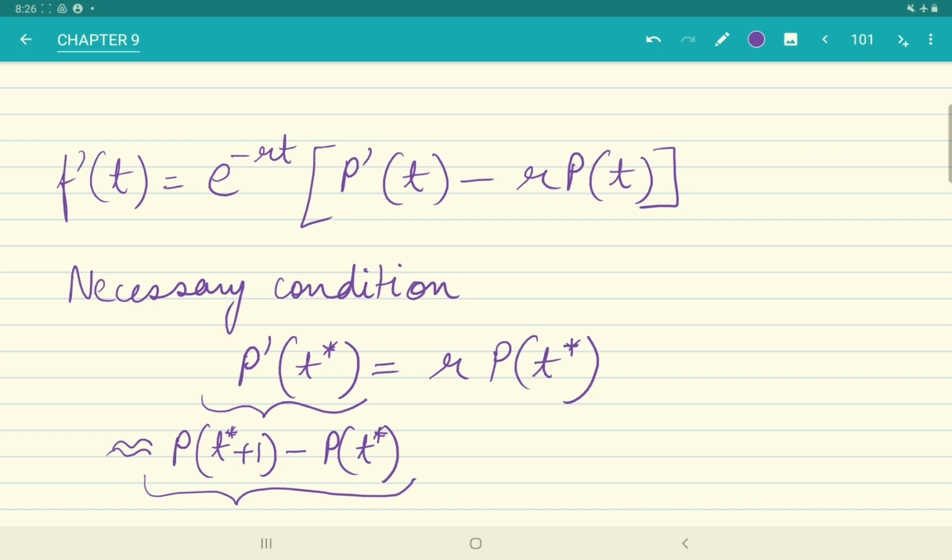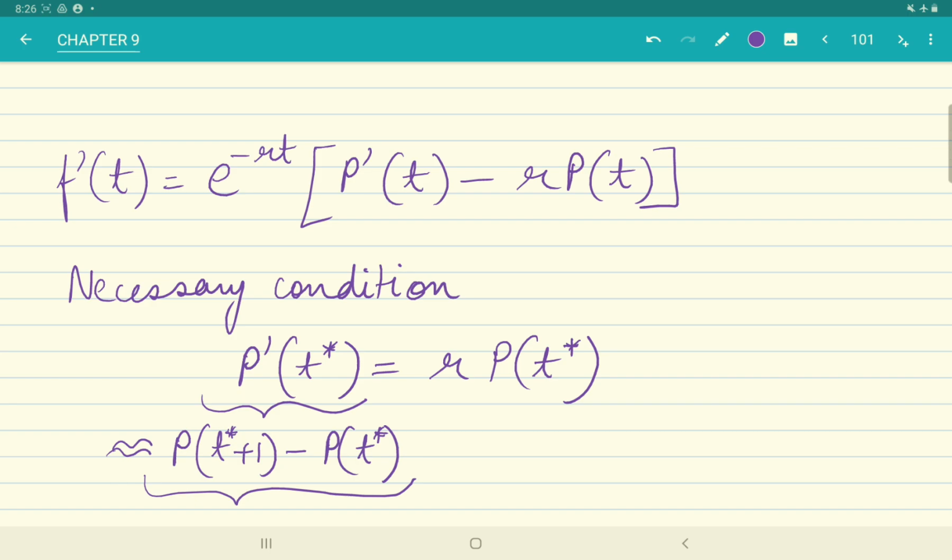That should be equal to R multiplied by P of T star. And what is this? This is when you invest the amount P of T star and you get the interest, and obviously you are investing this amount P of T star at interest rate R. So this is the interest that you would obtain over this time interval. Think of it that way, that for one period of time or one interval of time, this R is what you get.